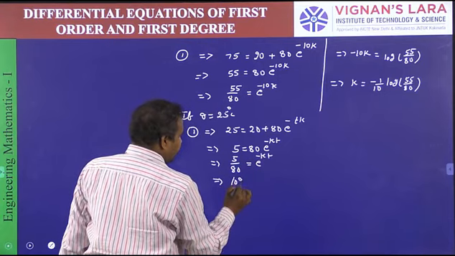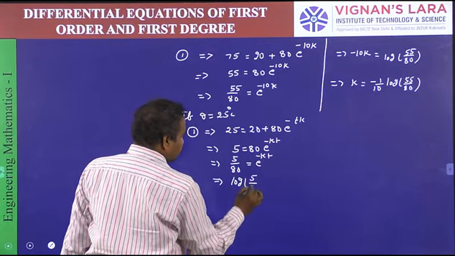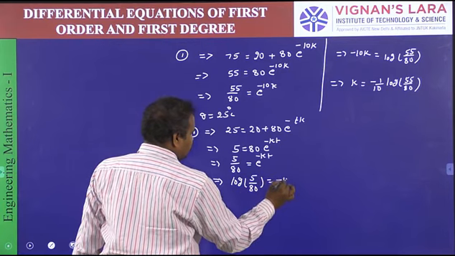Exponential comes to this side, log of 5 by 80 is equal to minus kt.